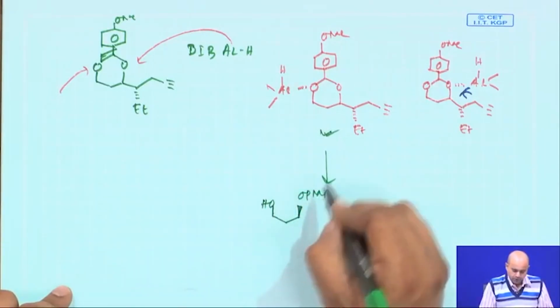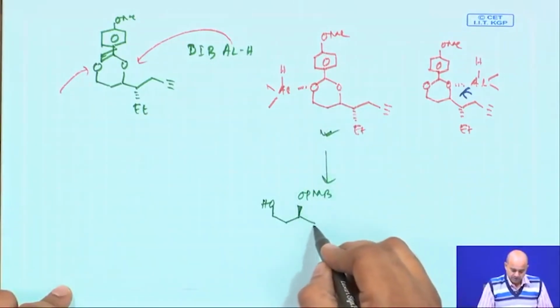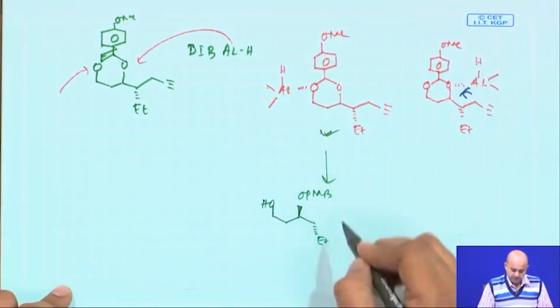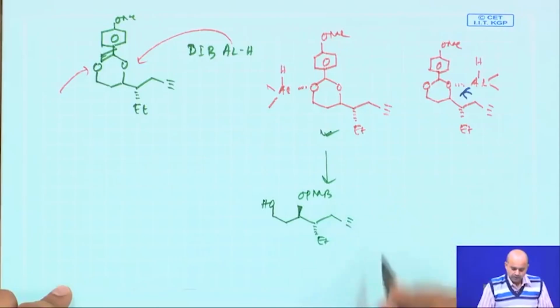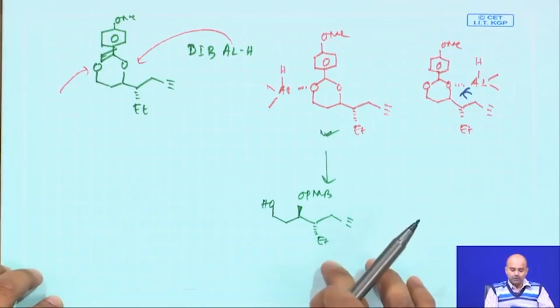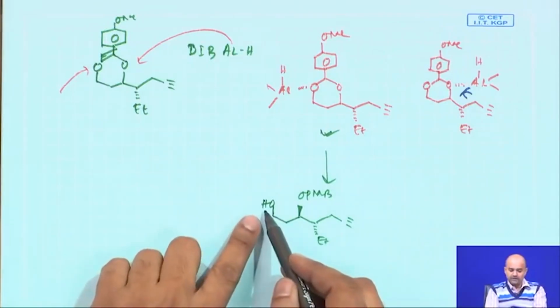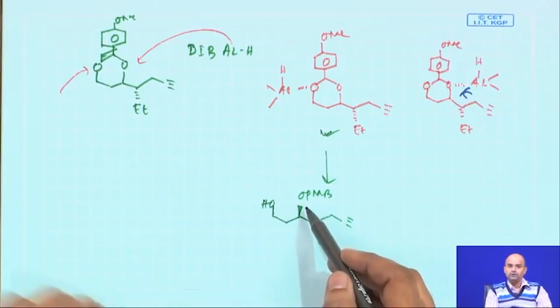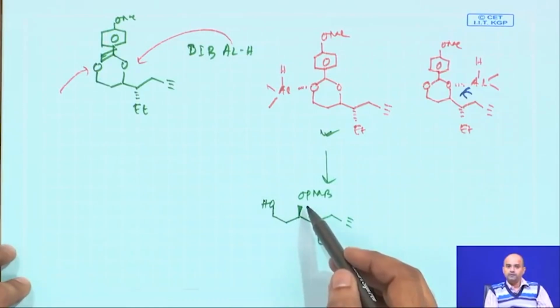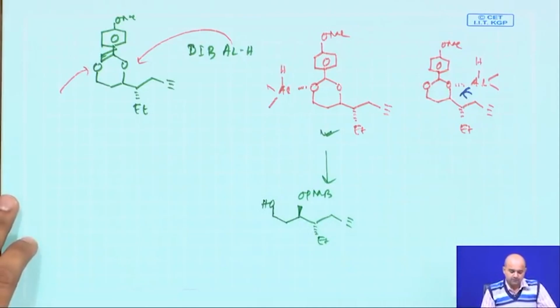This part will be your OPMB, PMB is paramethoxybenzyl, and then your ethyl is here. So, this is the initial molecule which you can get after this acetal cleavage. You will not get this side, you will get this side because this acetal is not symmetrically substituted, it is basically unsymmetrical.